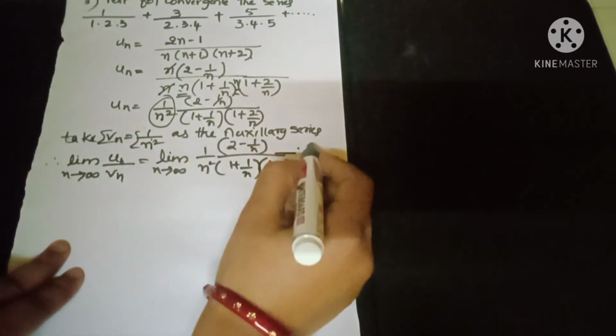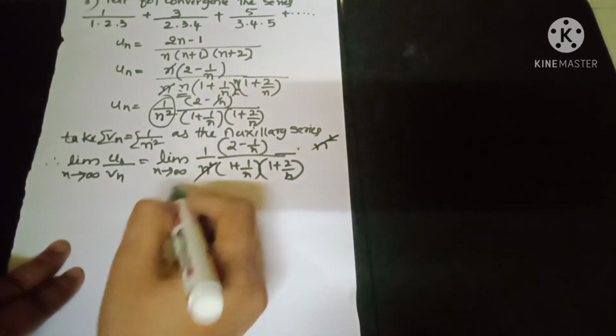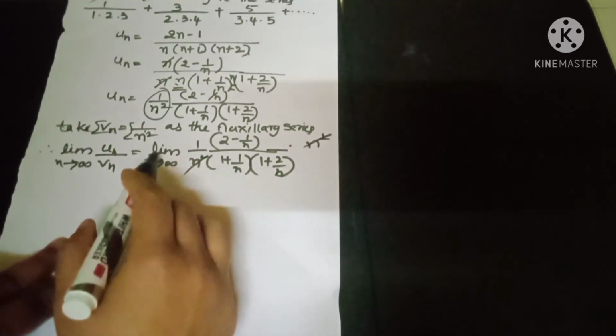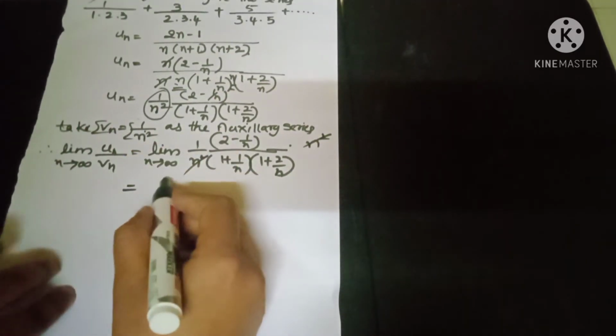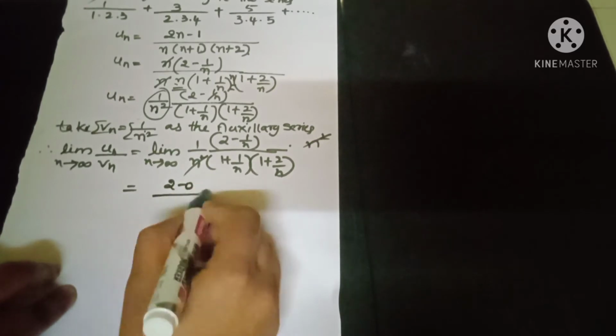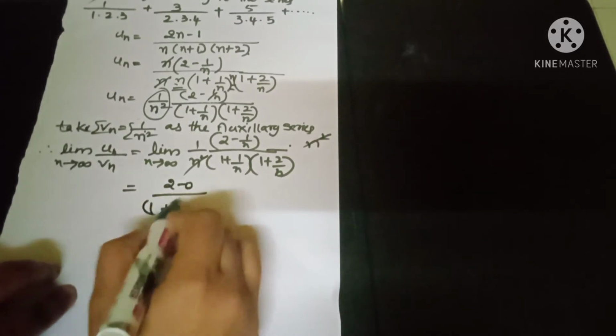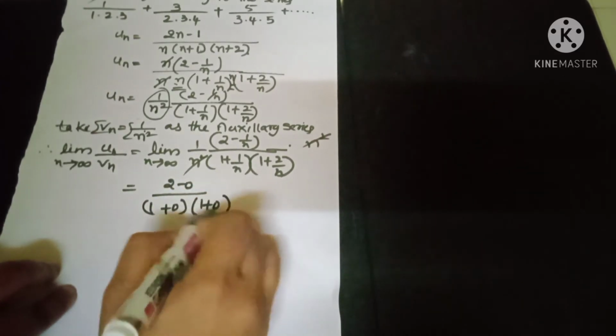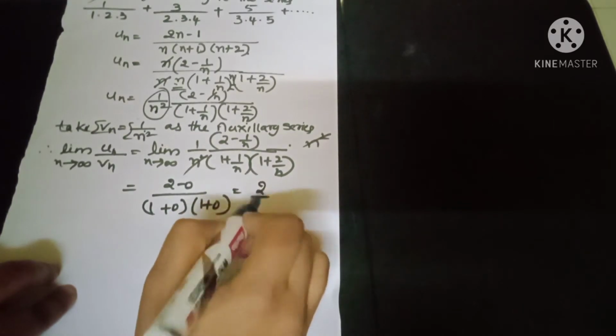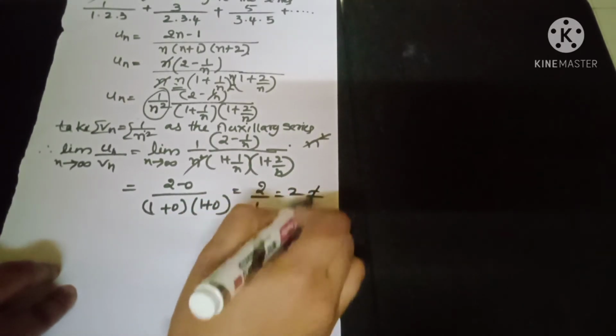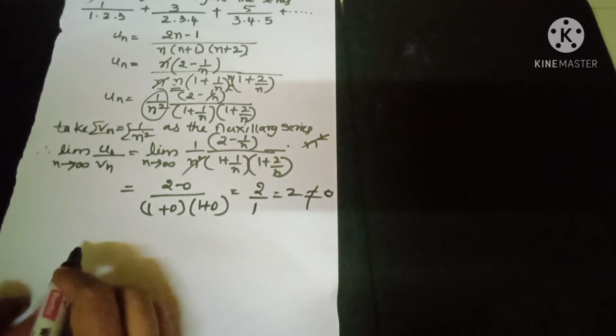Vn's n square goes to the numerator and gets cancelled with the denominator n square. After applying the limit, this will be 2 minus 0 divided by 1 plus 0 into 1 plus 0. This will be 2 by 1. Clearly it is not equal to 0.